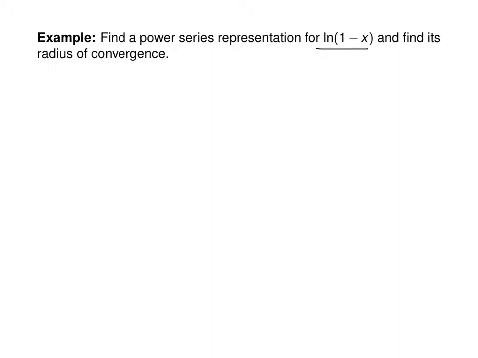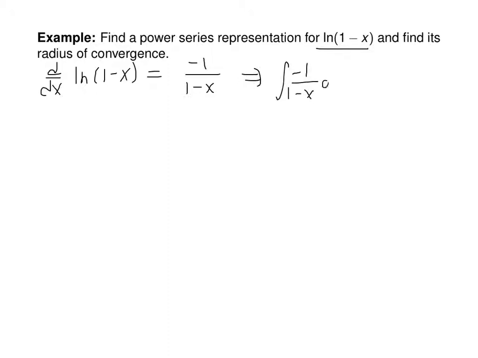So here you have ln of 1 minus x is what you'd like to find a power series representation for. So notice that the derivative of ln of 1 minus x is 1 over 1 minus x multiplied by negative 1, so negative 1 over 1 minus x. And that implies that the integral of negative 1 over 1 minus x is equal to ln of 1 minus x.